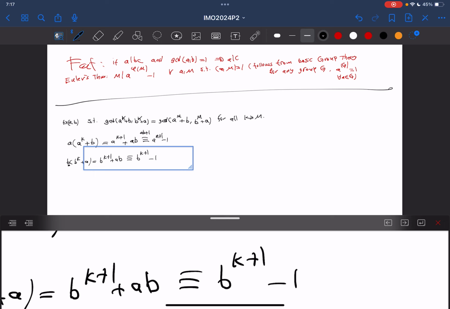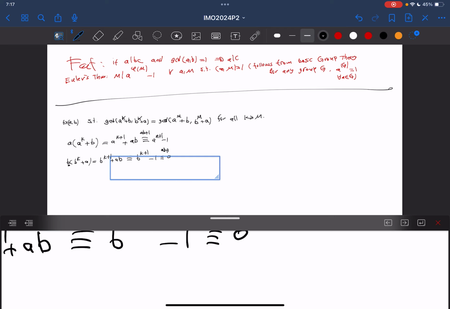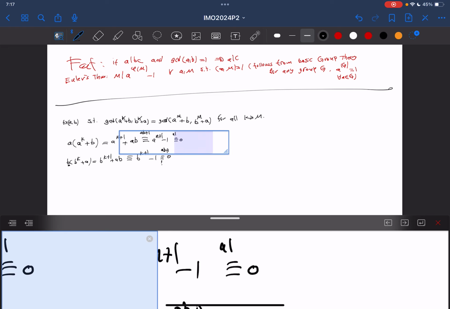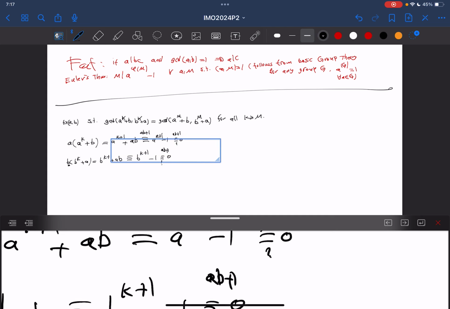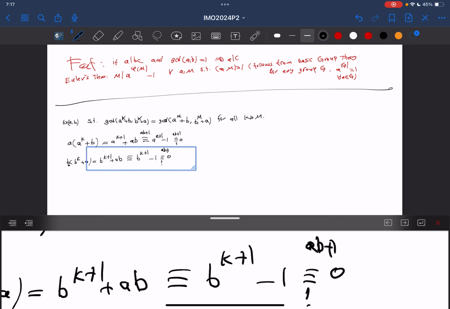Now, if this part is 0 mod ab plus 1, there's a big if here, and the right hand side here is also 0 mod ab plus 1, then something interesting would happen.